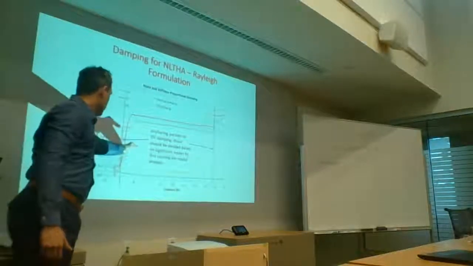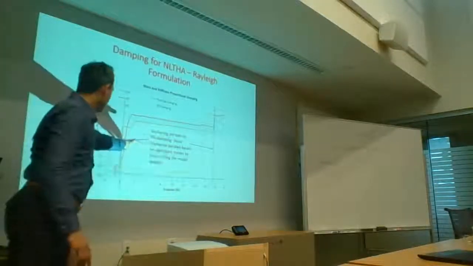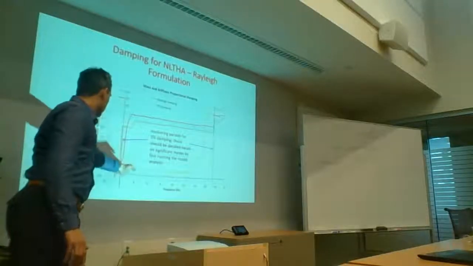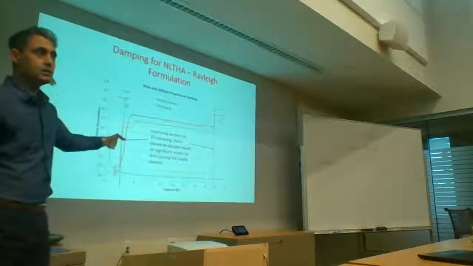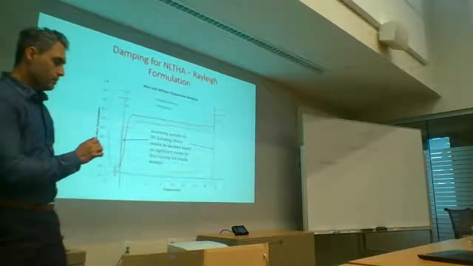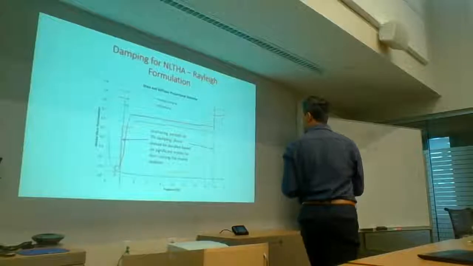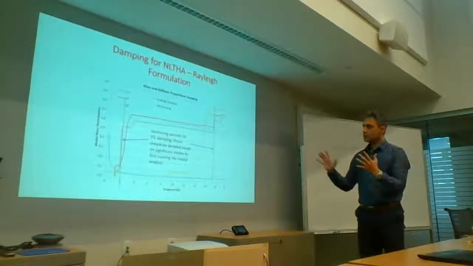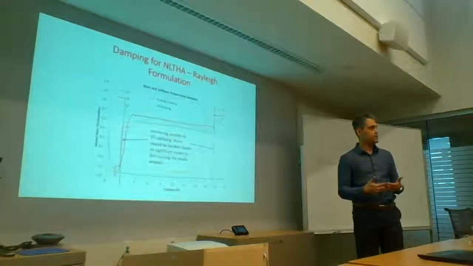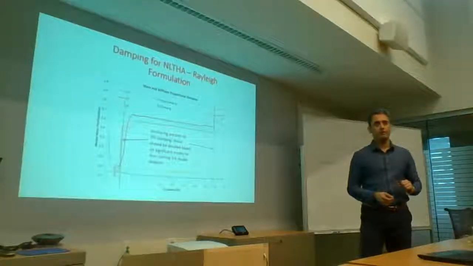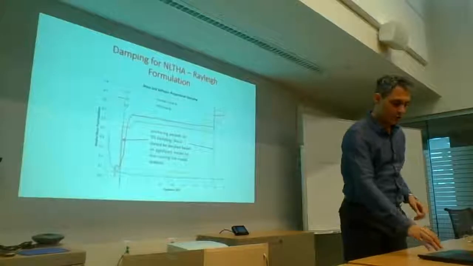But then, of course, you would play with your A0s and A1s, and you would move this blue line, move this anchoring back so that you match that. So it can get a little bit tricky, but in something like this, where 2 or 3 periods are going to give you a lot of the modal mass participation, you're going to be okay. But be aware of this shortcoming.